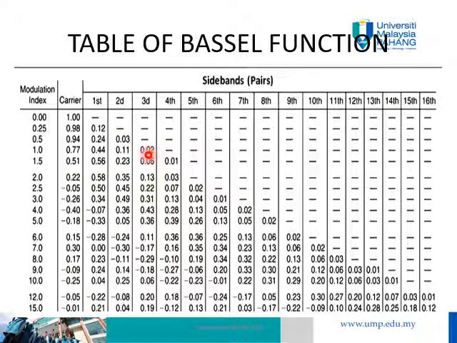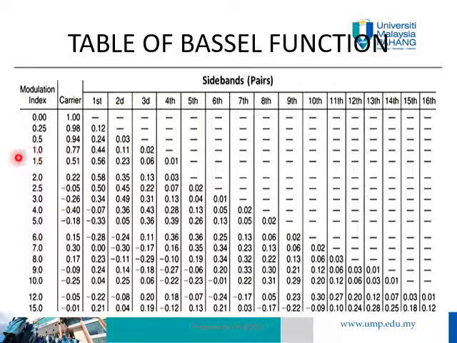This is called the significant sideband. What it means is that when the value of modulation index changes, the number of significant sidebands changes. The higher the value of modulation index, the more significant sidebands. For example, if the modulation index is equal to 1, we only have 1 carrier and 3 significant sidebands.